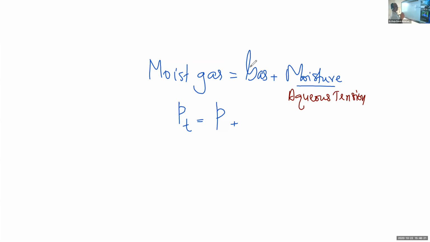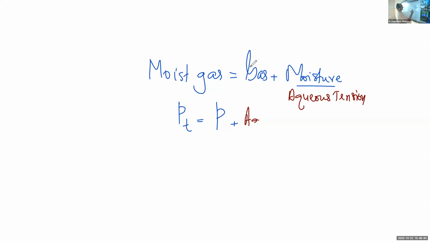So if we apply Dalton's law of partial pressures in the case of a moist gas, the total pressure of the moist gas PT is equal to the pressure due to the dry gas P plus pressure due to moisture, that is aqueous tension.